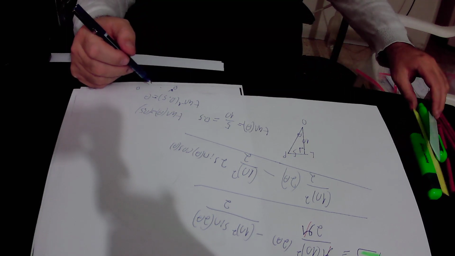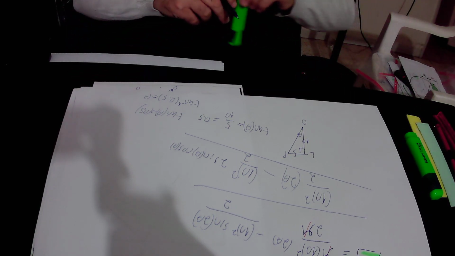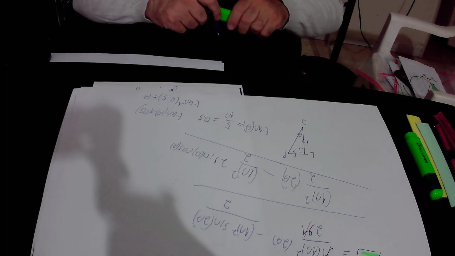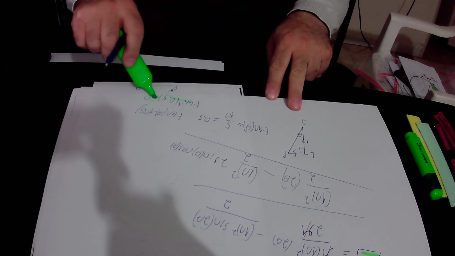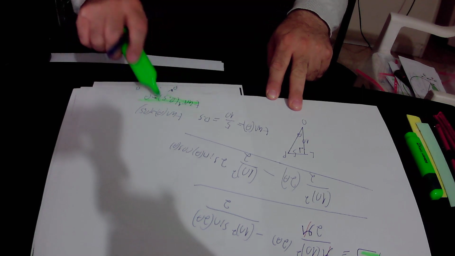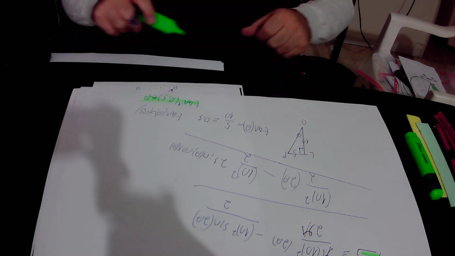So we found the equation tangent minus 1 of 0.5 equals theta.